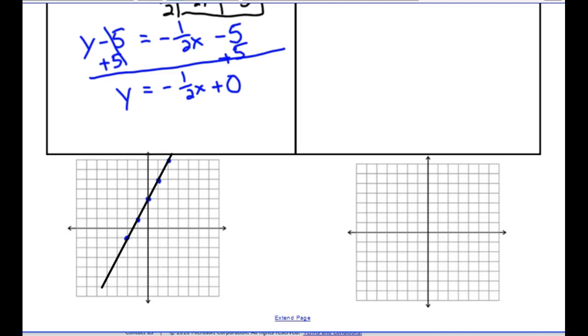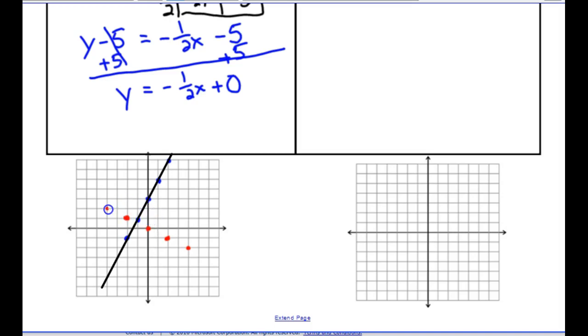Now our next line begins at 0. We can draw a point there at 0. And it's going down 1 and over 2. Down 1 and over 2. Or the opposite, up 1 and over to the left 2.